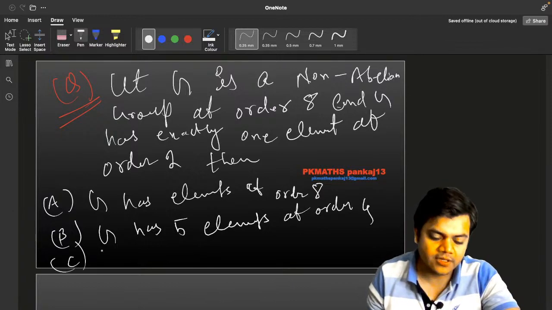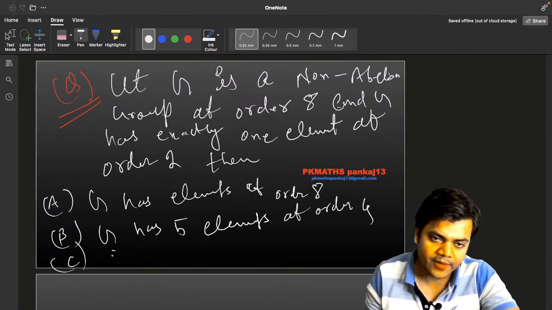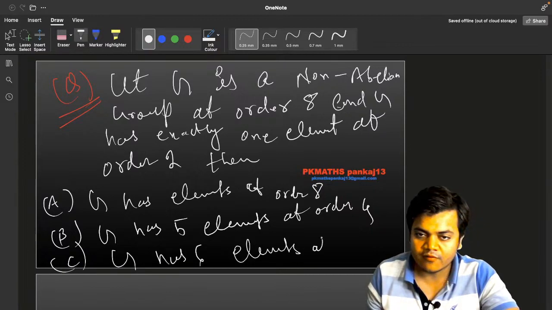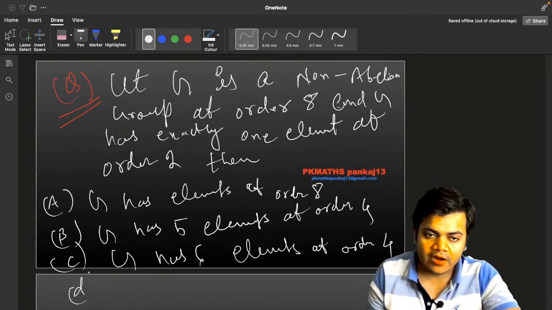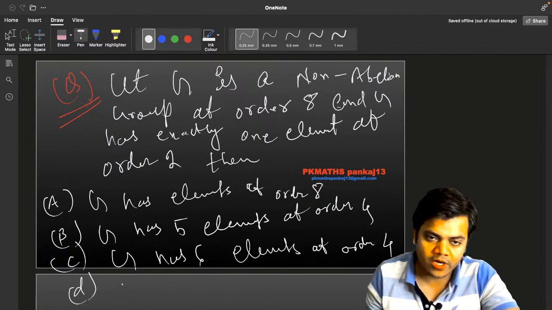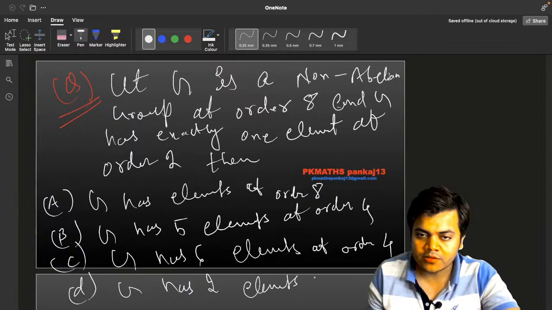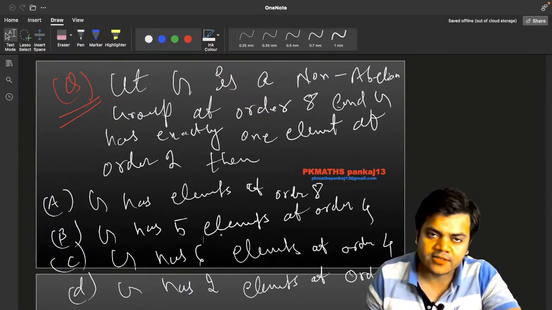Option C is: G has 6 elements of order 4. And option D is: G has 2 elements of order 2. Okay, yes, these are the things.